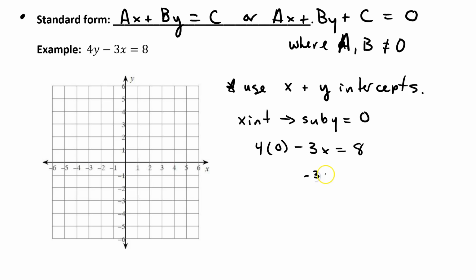Negative 3x equals 8. X equals negative 8 over 3. Okay, so that is going to be, just for us, x equals negative 2 and 2/3. So the x-intercept is always going to be on our x-axis here. So we're saying that our x-intercept is at negative 2 and 2/3. So we're going to go right here.